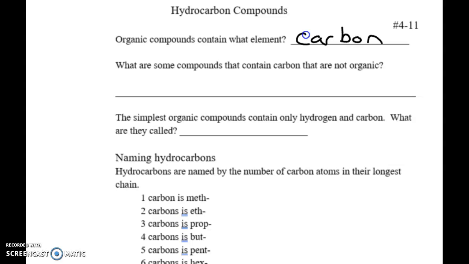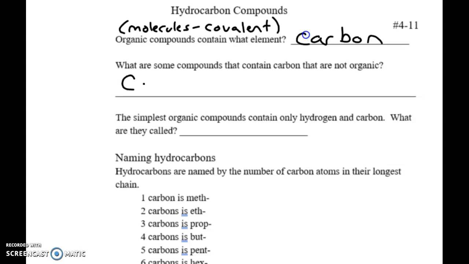And the big thing to remember when we're talking about organic compounds is that these are molecules, which means they're covalently bonded. Because there are compounds out there that do contain carbon that are not organic.